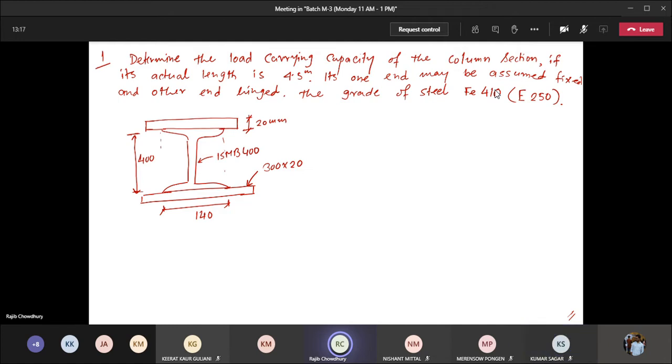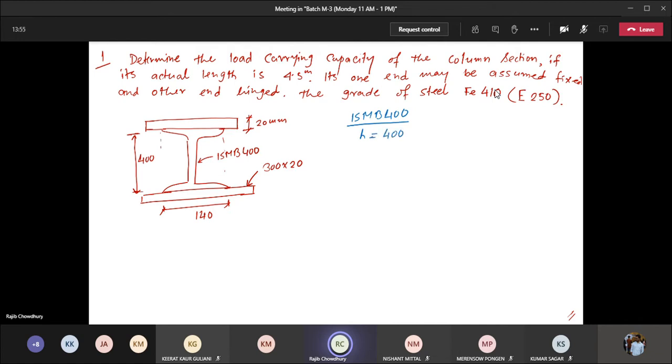Okay, so we have to analyze this particular column section regarding its load carrying capacity. So what essentially we require first, to make the solution, let us consider whatever the things are being provided, ISMB 400, define all the geometrical properties.